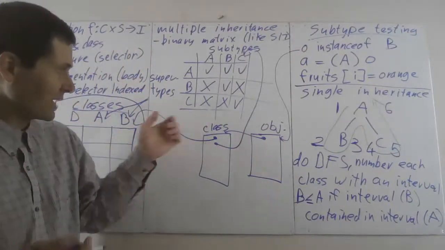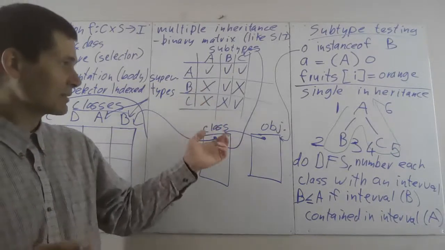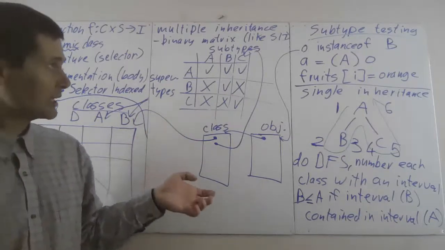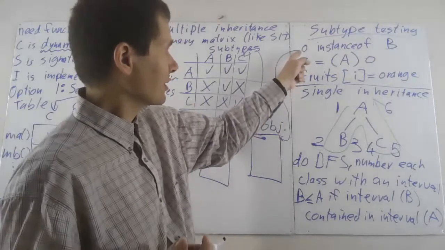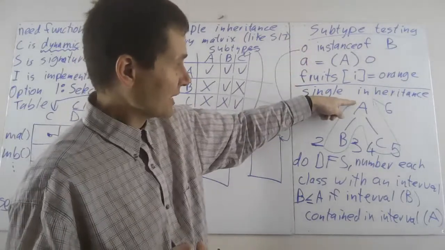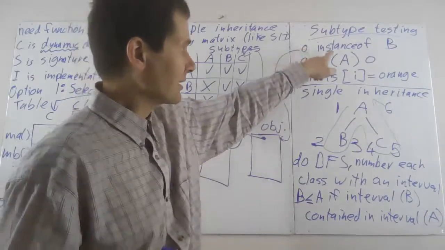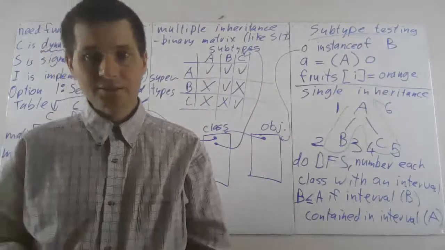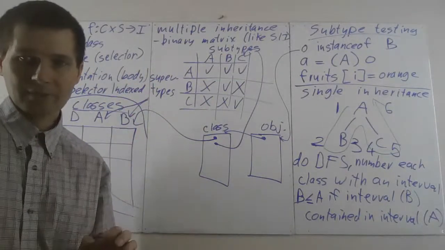Then you know whether you get the class A or the class B or the class C. All three of those could be the dynamic type of an expression whose static type is A, because B and C are subtypes. But here the instance of check is saying, am I a B? So that you only know at runtime.